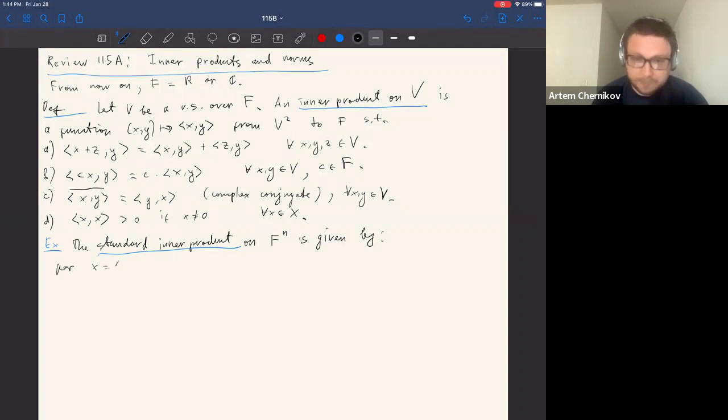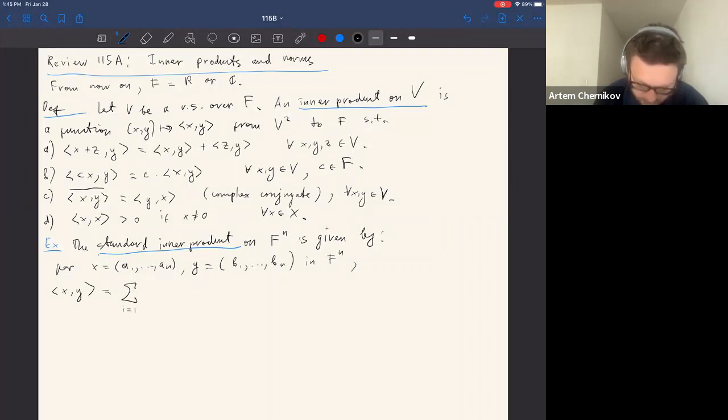For two vectors, x with coordinates a1 through an, and y with coordinates b1 through bn, in F^n, we define the inner product of x and y by taking the sum over all i from 1 to n of the products of the coordinates, ai times bi, but we also take the complex conjugate of bi, if needed. Over the reals, again, we don't have to do it. All right, so this is the standard. Whenever we say standard inner product on F^n, this is what we mean. The same formula as for the dot product.